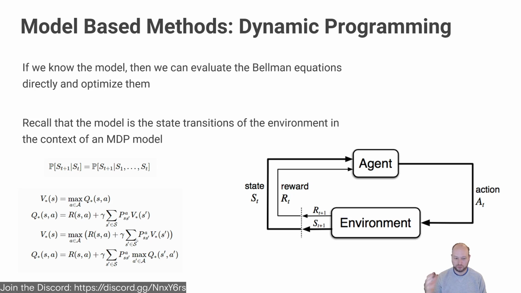So if we know all of this, if we know the model, we don't even have to think about a policy, where we can directly evaluate these things, as you can see here. It's a self-fulfilling set of equations. And this math may look intimidating, but it just pops out of the definitions of the value function and of the Bellman equations that we talked about in the optimal case.